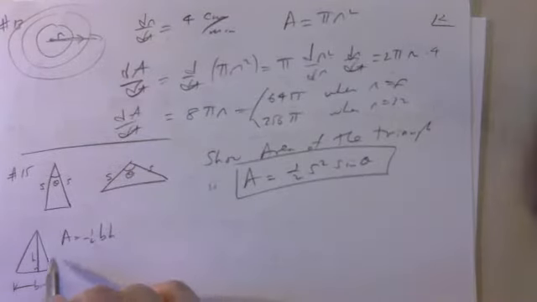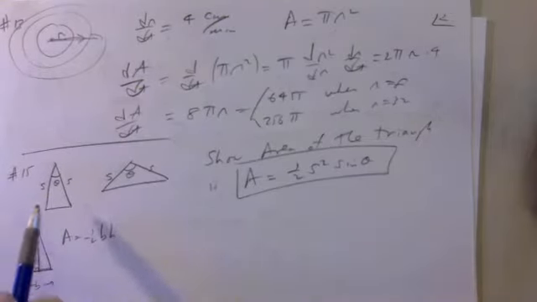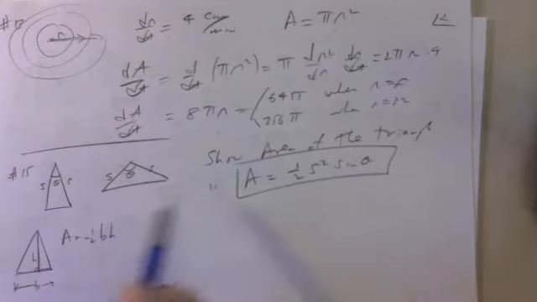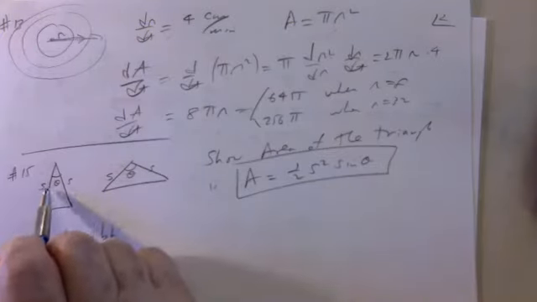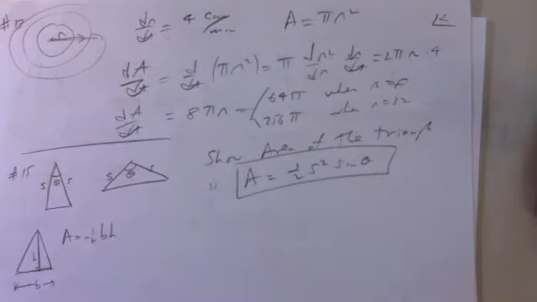So this is expressing the area of a triangle in terms of the base and the height. But we're not going to use those two parameters. We need to express the area of an isosceles triangle in terms of the included angle theta and the length of the side. Can anyone suggest how we might start to try to solve this problem? Any suggestions?